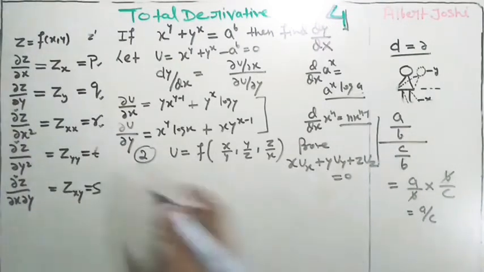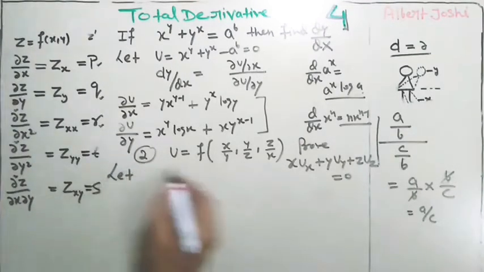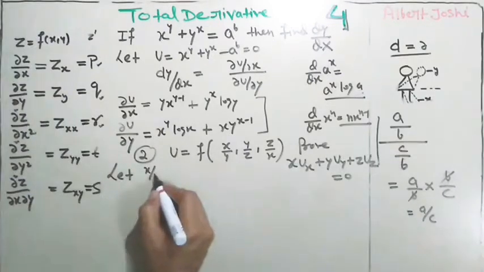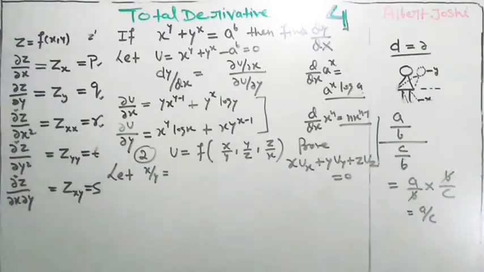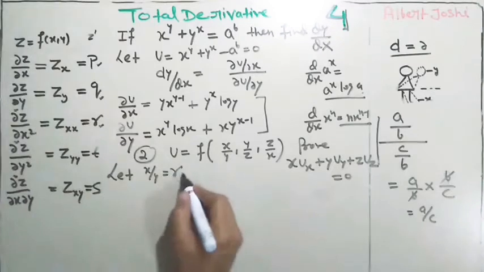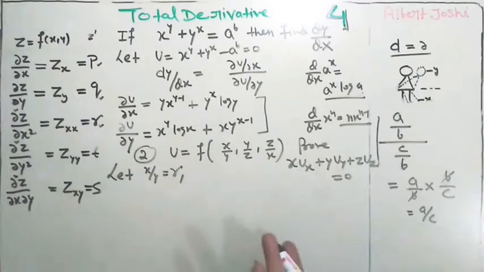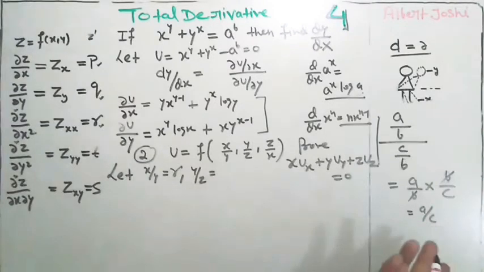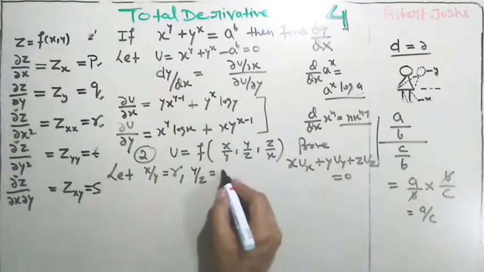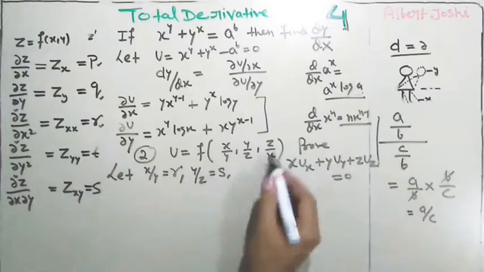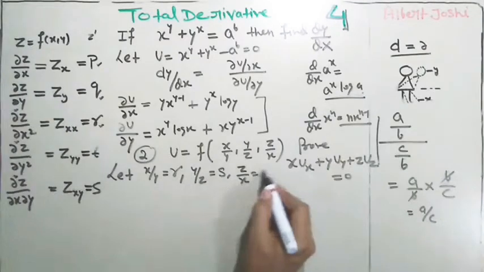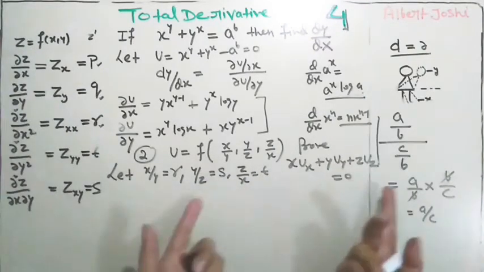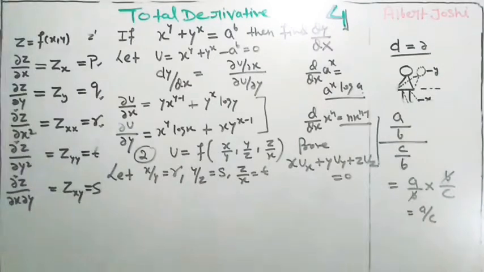So we take x upon y as any other value, say r. We can take any value. Suppose we take y upon z equal to s, and z upon x equal to t. You can take any value, p, q, r, or anything.